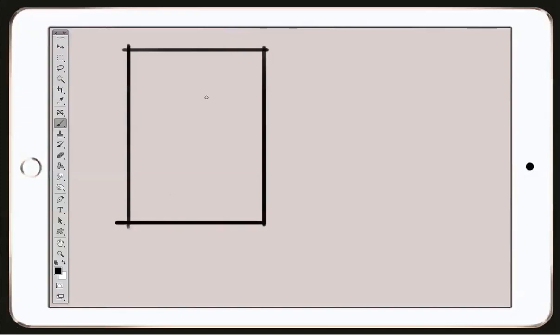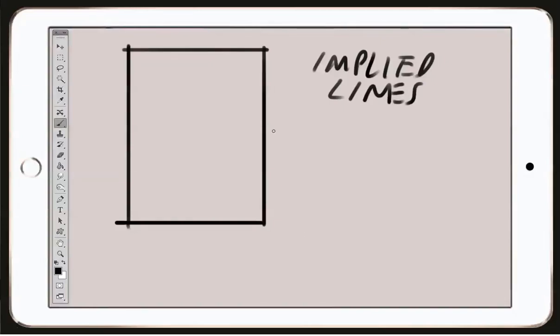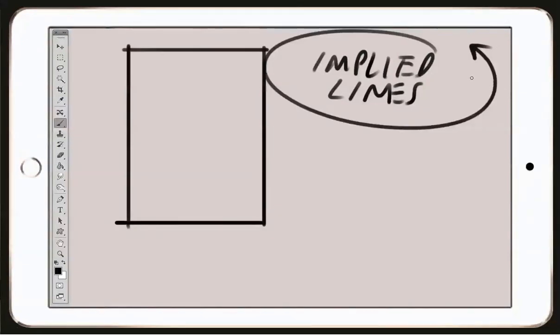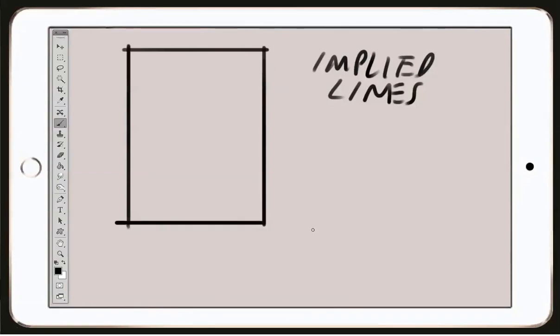So starting with a rough sketch here, I want to mention again this idea that the structure is designed to lead the eye of the viewer to the center of interest. The structure also consists of what is called implied lines. And again, if you watched my videos on composition, you will have learned about implied lines because I talk about implied lines in those videos in which I talk about this underlying structure.